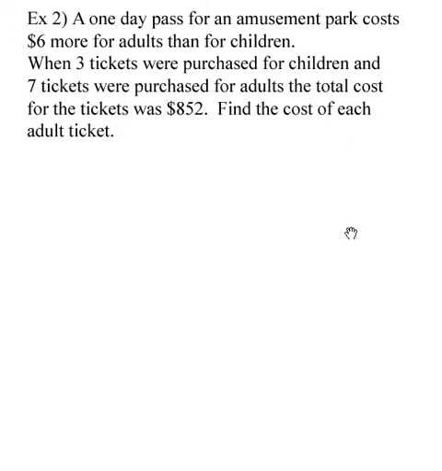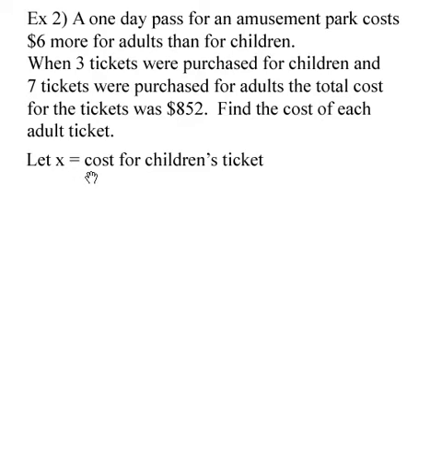This is a pretty typical scenario, that adult tickets at amusement parks cost more than children's, but let's go back and look for the question or what we're directed to find out. And again, this last sentence tells us to find the cost of each adult ticket. All right, so again, we're going to write this down so we keep it all straight in our mind.